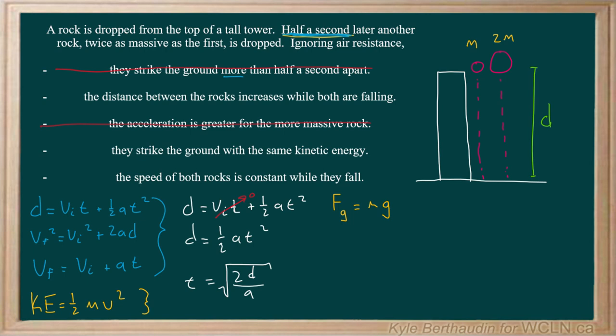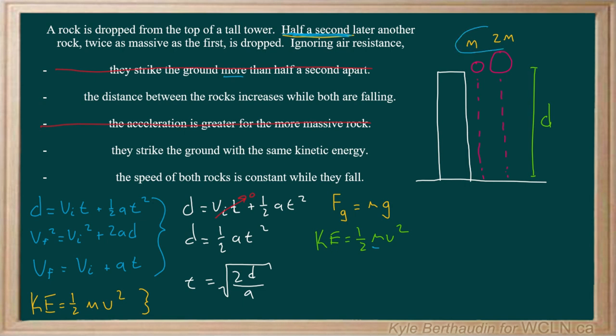The fourth statement says they strike the ground with the same kinetic energy. Well, if we look at our kinetic energy equation, KE equals 1/2 m v squared, the kinetic energy is dependent on two things, mass and velocity. And the objects here have different masses.